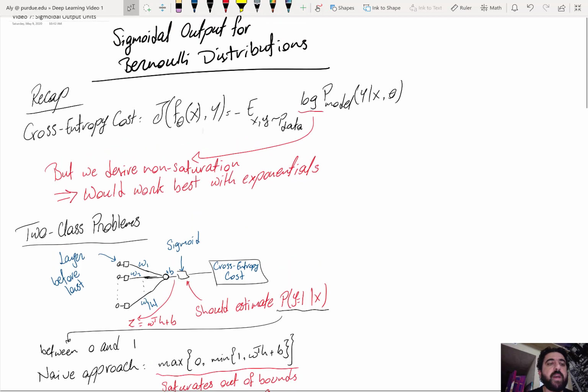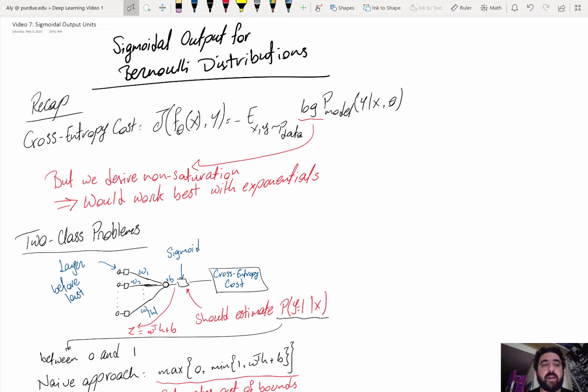From last time we discussed the cross-entropy cost, and we reached the conclusion that the cross-entropy cost based on the maximum likelihood principle is basically a negative empirical expectation over x and y of log p model, the conditional distribution of y given x and the parameter theta.